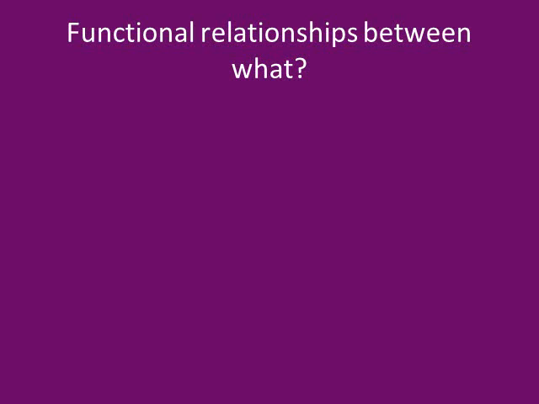Functional relationships between what? So predictors reliably occasion the behavior. Sometimes these could be setting events or antecedents. A setting event is more of a distal trigger, which is a condition that makes behavior more likely. And we'll talk about that in just a minute.